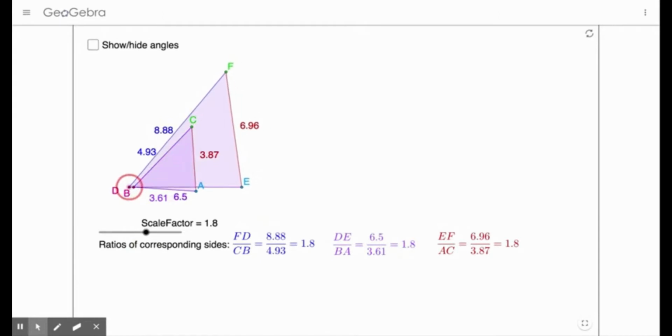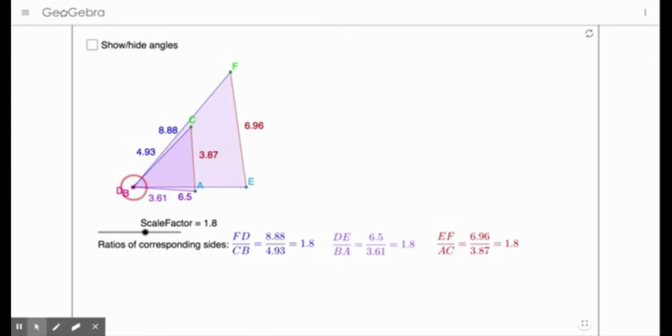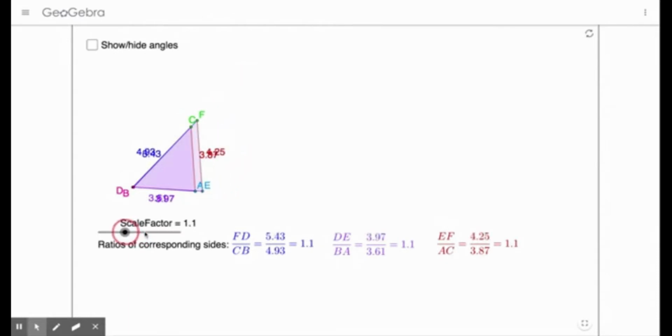And we're able to show through a similarity transformation that these triangles are similar to each other. We're showing that if we perform a slide, rotation, and dilation, we map one triangle onto the other triangle.